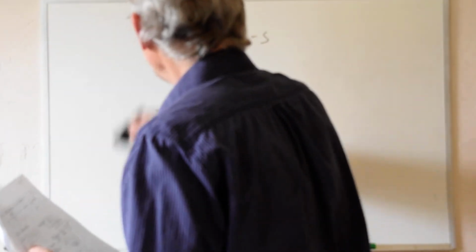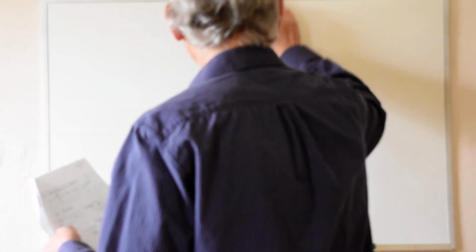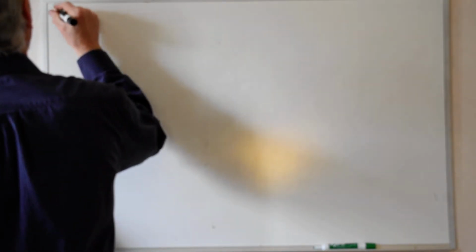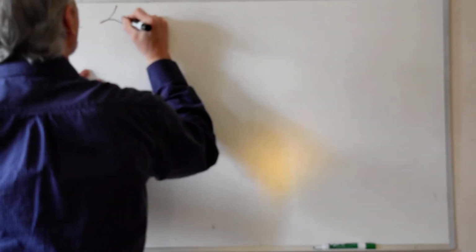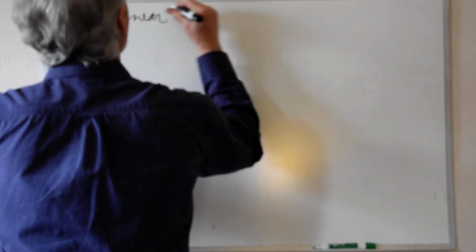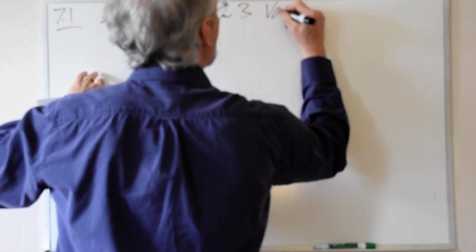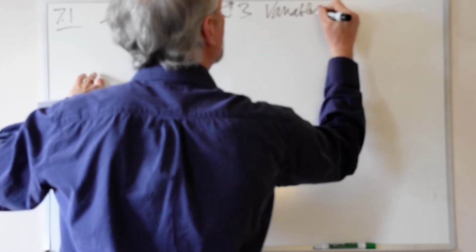Let's look at section 7.1. Systems of linear equations in three variables. I'll just call it linear equations in three variables.